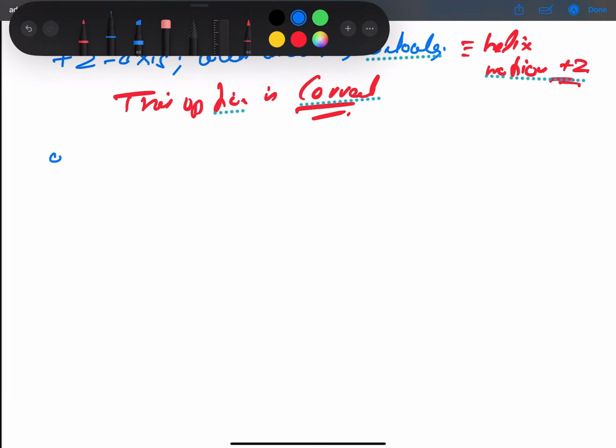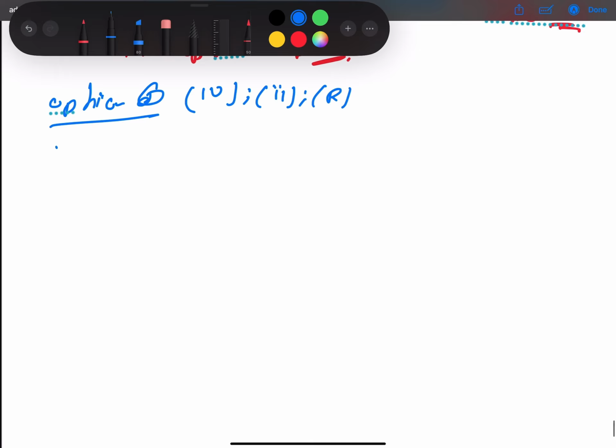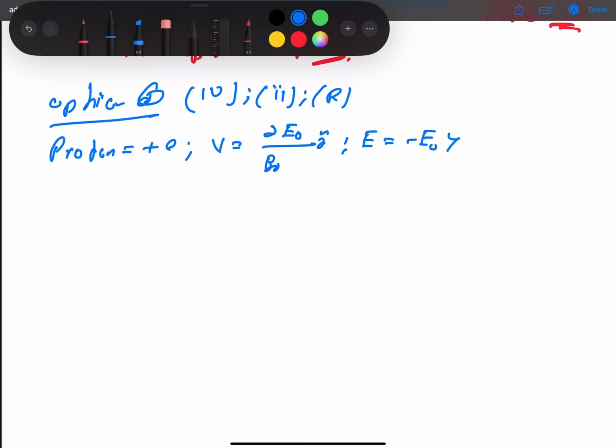And finally, let's check option D. Here we have a proton. Option D says that fourth should match with second, and the alphabet is R. So here we have the charge as proton, plus e. Velocity is twice E naught over B naught x unit vector. Electric field is minus E naught y unit vector. Magnetic field is B naught y unit vector.